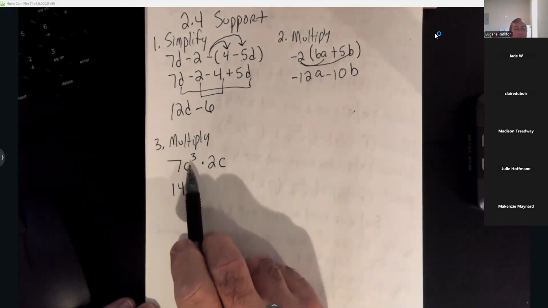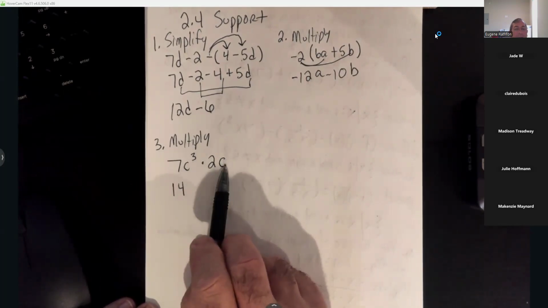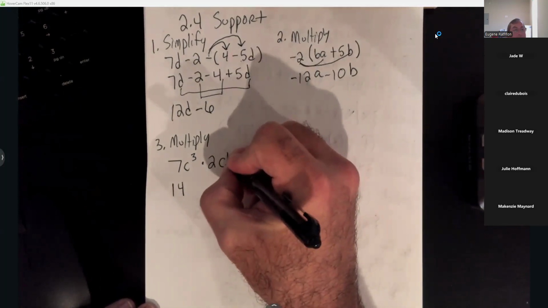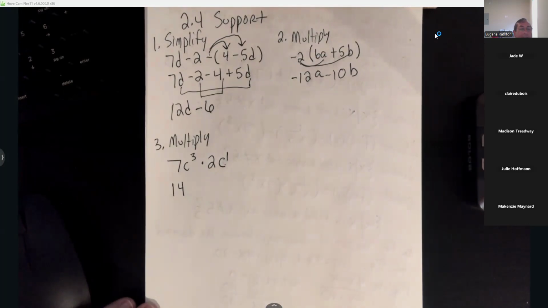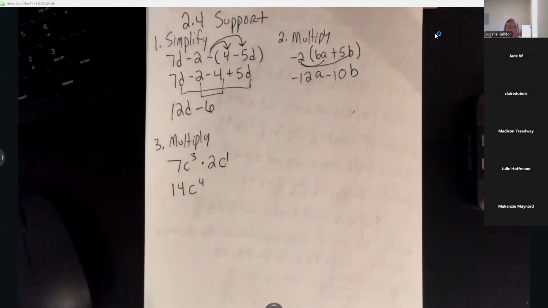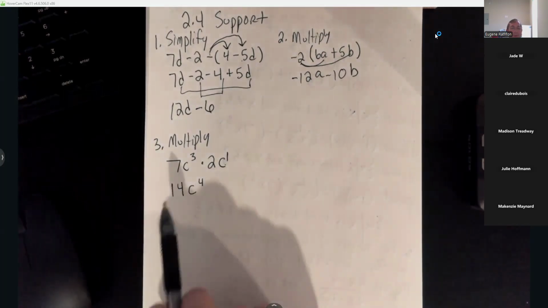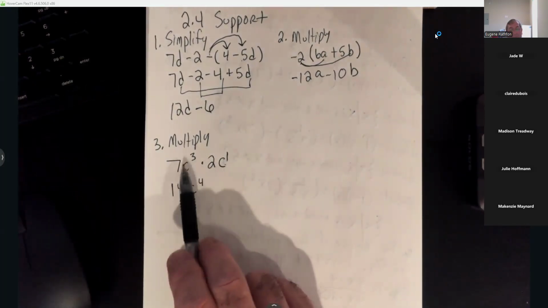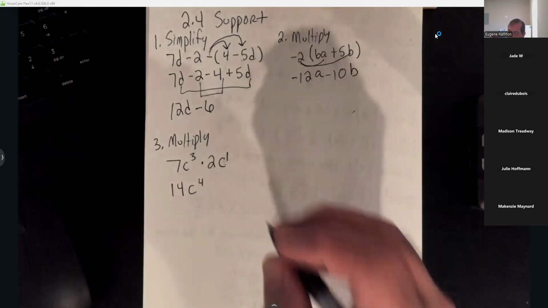But what would y'all get when you multiplied this c cubed times a c? So you would treat this c like it has a 1 there, and you get c to the 4th. Good job. Okay? So remember, the numbers multiply, the variables, although you're multiplying them, you're adding exponents.